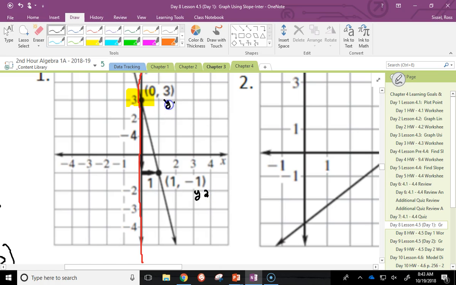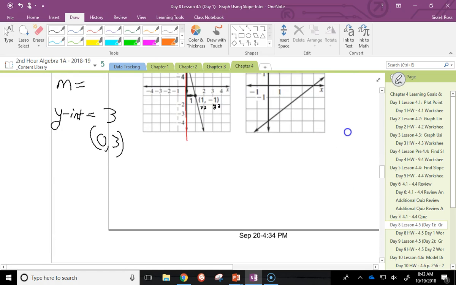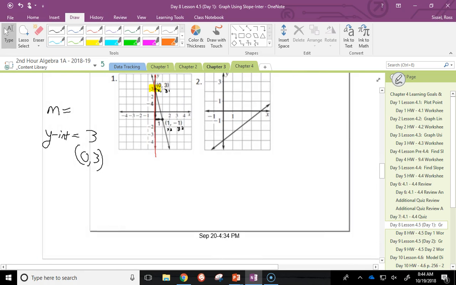That is my y1. This one's my x2. That's my x1. And I could do that equation and solve it. In fact, I'm going to do that just to show you how that works. So I'm going to say -1 minus 3 all over 1 minus 0. -1 minus 3 is -4. 1 minus 0 is 1. So my slope is -4.